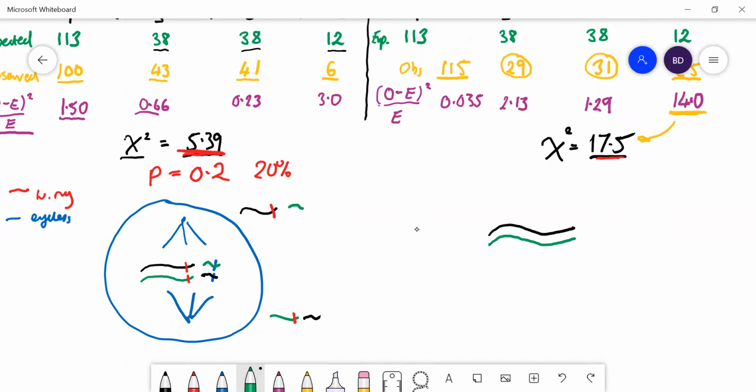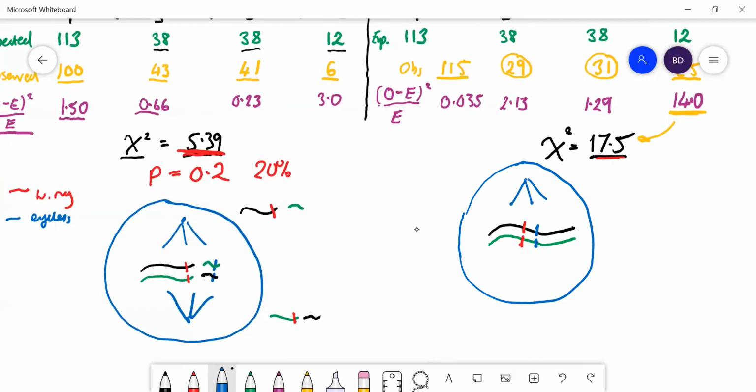There's the gene for the wing, and there's the gene for the eye. They're fairly close to each other. Right, so meiosis is going to occur. There's the spindles. So the two alleles are going to segregate together.